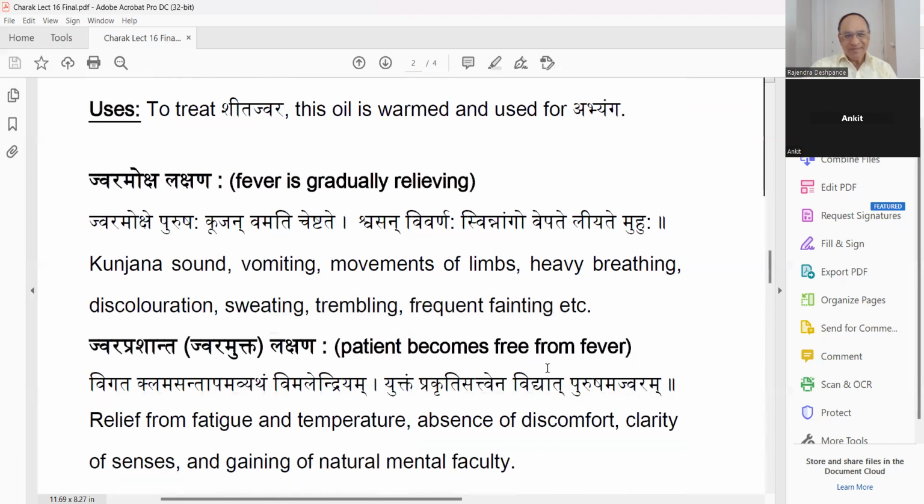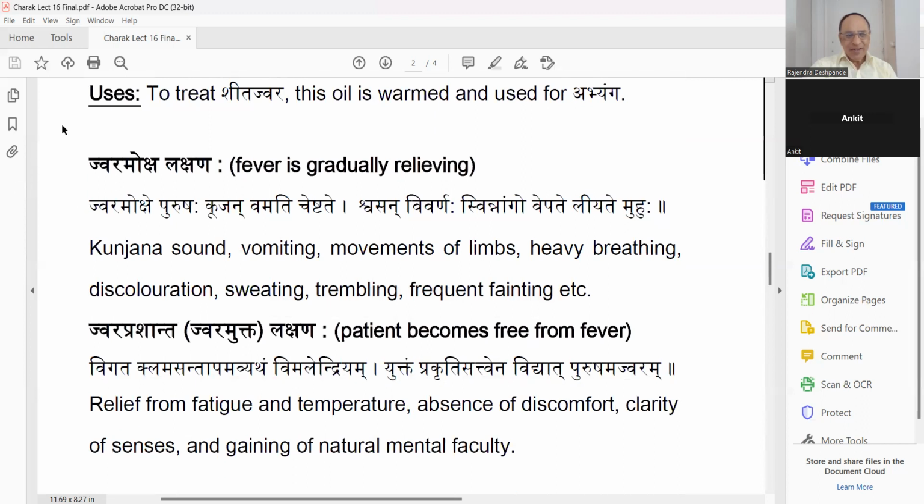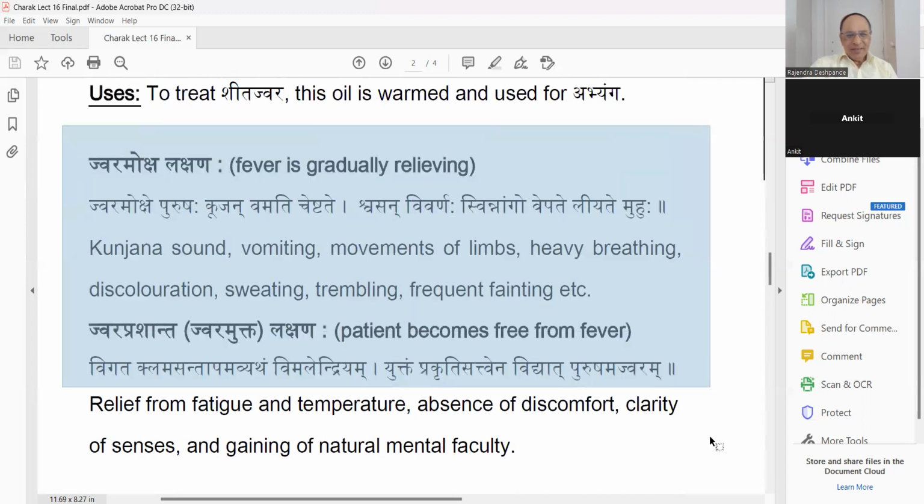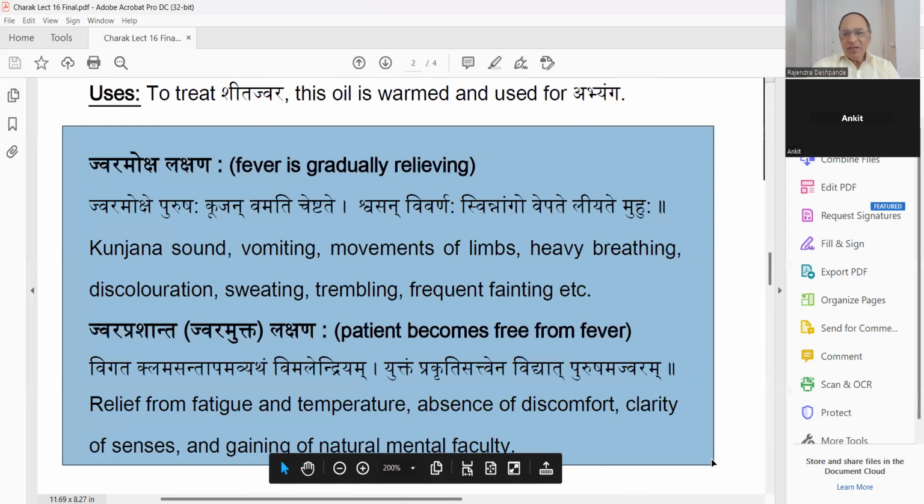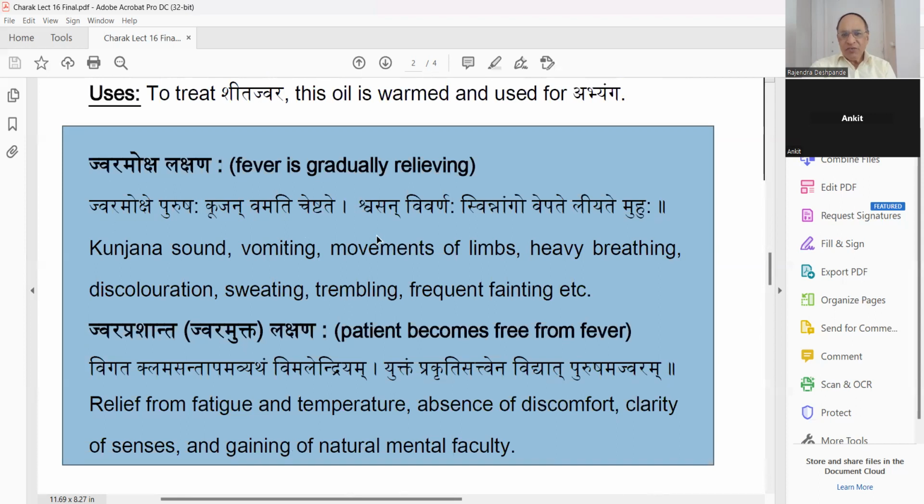Now the next point in our discussion, we are discussing Charaka Samhita Chikitsa Sthana, Charakastu Chikitsite. Don't forget that. Jwara Moksha Lakshana. Fever is gradually, step by step, going down. Jwara mokshe purushah kujan vamati cheshtate shwasan vivarna svinnango vepate liyate muhu.